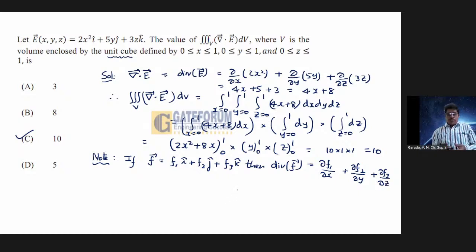Divergence is a scalar quantity, which is from the vector calculus chapter. This is the procedural approach for finding divergence. The conceptual approach is del dot f bar, that is, i cap dot dou f bar by dou x plus j cap dot dou f bar by dou y plus k cap dot dou f bar by dou z. That is conceptual. It is useful in theoretical problems.